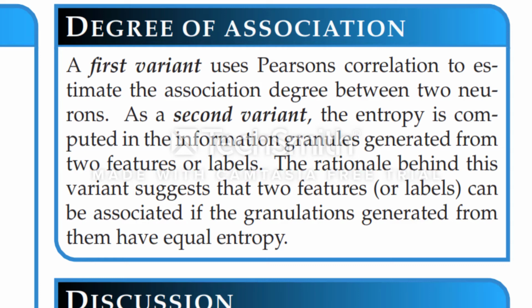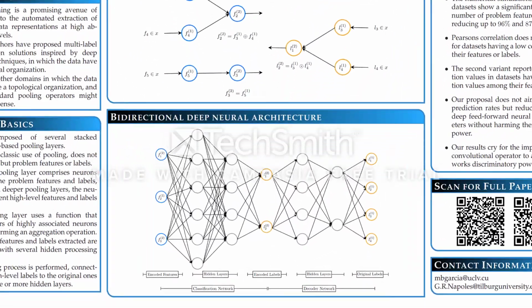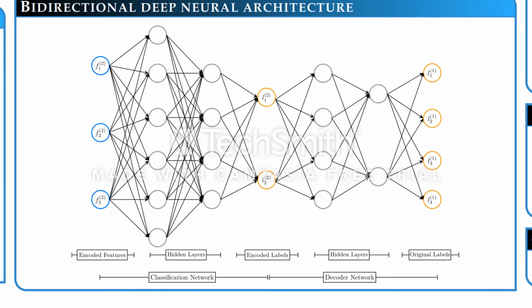The idea of this second variant is to obtain a granulation of the universe where each feature or label defines an indiscernibility relation. The information granules are the sets of indiscernible objects concerning the feature or label under consideration. In this way, it is verified if the covering or partition generated by two features or labels induce similar entropy values. Then, the pooling process is repeated over aggregated features and labels until a maximum number of pooling layers is reached.